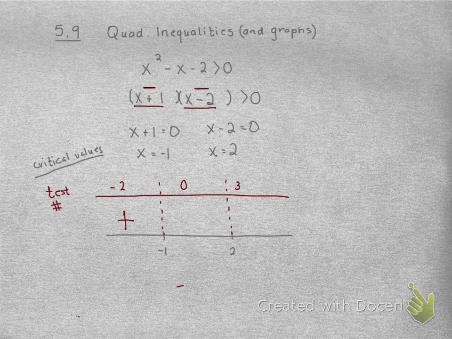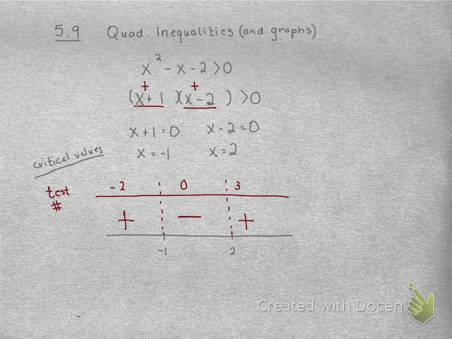Okay, now, if I put a 0 in for x, I have a positive and a negative. And positive times a negative gives me a negative in that interval between -1 and 2. Lastly, I will test a positive 3. So if I put a positive 3, I get a positive here and a positive here. Positive times positive is positive.